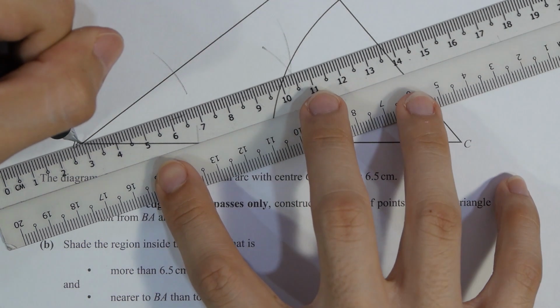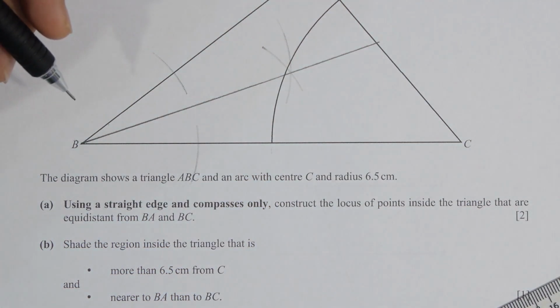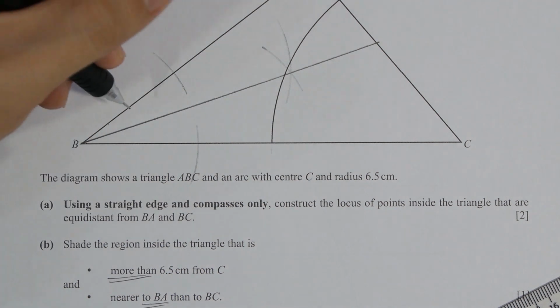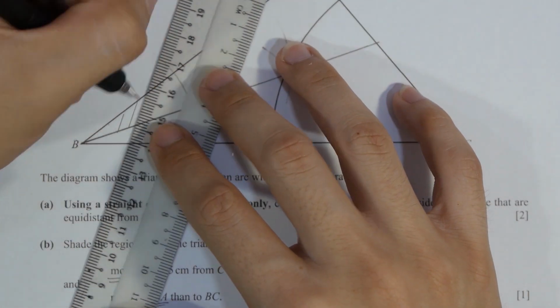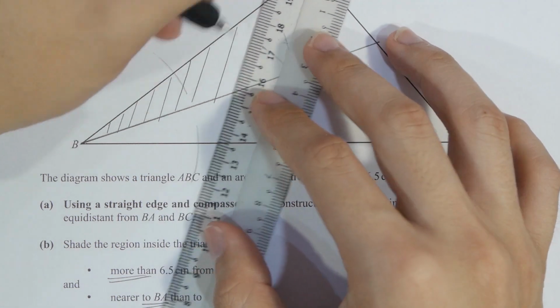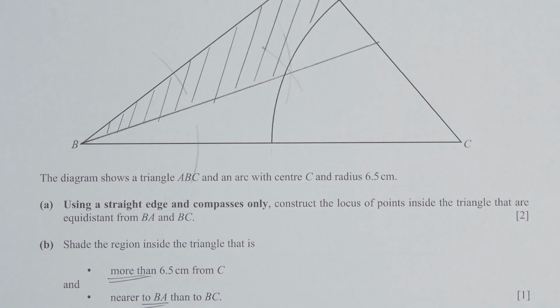Then for part B, part 1, more than 6.5 cm from C, I constructed an arc based on that information, and nearer to BA than BC. So the part at the top is the shaded region.